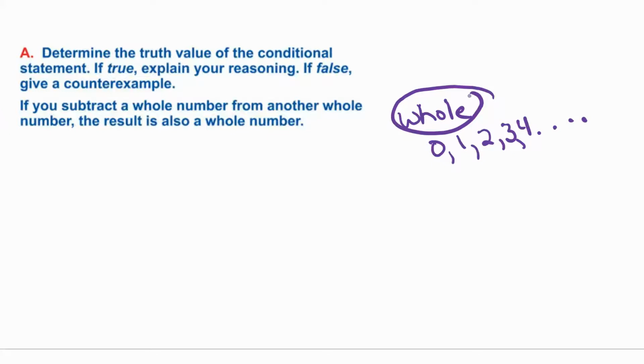So we're looking at subtraction too. So let's choose two whole numbers, 7 and 3. So I do agree with you. If I did 7 minus 3, that gives me 4, which is another whole number. It does work in that scenario. But what if you flipped it and did 3 minus 7? That would give you -4, and this is not a whole number.